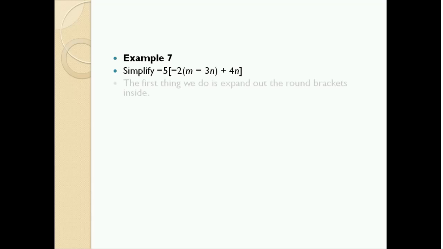So in the next example, that is example number 7, simplify minus 5 bracket minus 2m minus 3n bracket plus 4n bracket closed. The first thing we do is expand out the round brackets inside. The round brackets are here. First of all, we have to simplify this one.